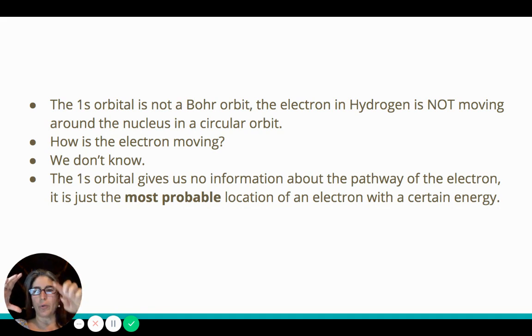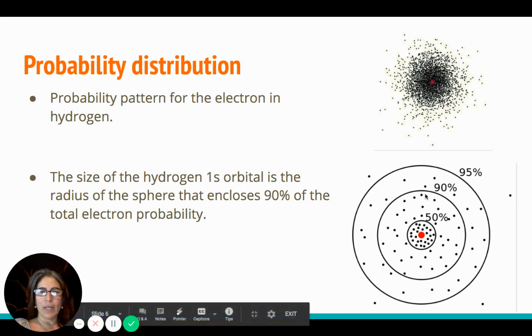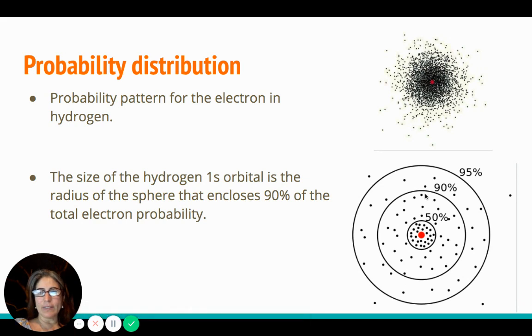We just know the most probable location of the electron. As we mentioned, the photos of the locations overlapped. Scientists decided that 90% of the total electron probability was enough.